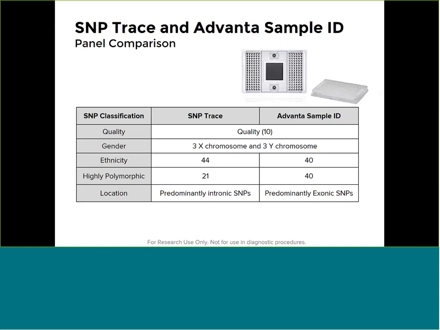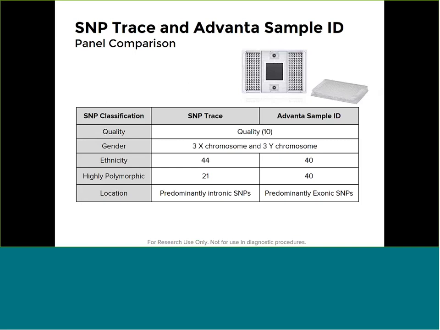A brief comparison of the SNP Trace and Advanta Sample ID panels, and again, Advanta Sample ID is the new offering that we have now. A quick comparison shows that while they share the same quality and gender SNP targets, they differ primarily by the ethnicity, polymorphic, and physical locations of the targets that have been chosen.